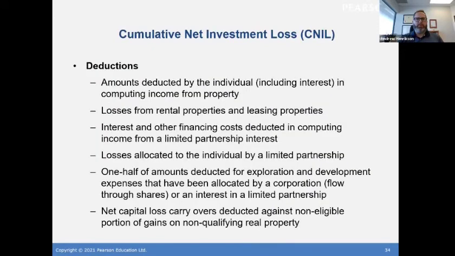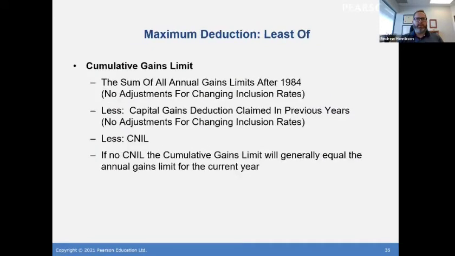Now let's skip over this for a second. The next one, so this is part 2, least of. So if you're doing a question with this, you've got to calculate all 3 of these and then pick the least of. So this one is your cumulative gains limit.